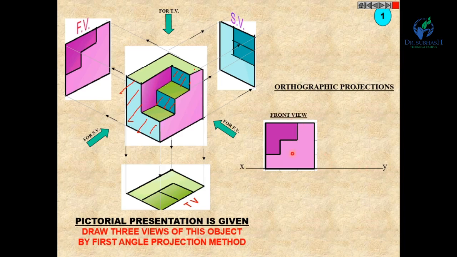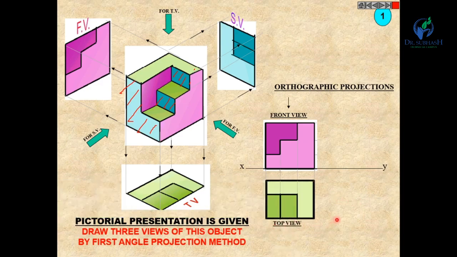Now the top view is below the XY line. So draw the projections from this front view, and accordingly draw its top view. Looking from the top, we have to draw the projections from here. You can see these are the different projections, and accordingly draw its top view. You can see this is the top view.